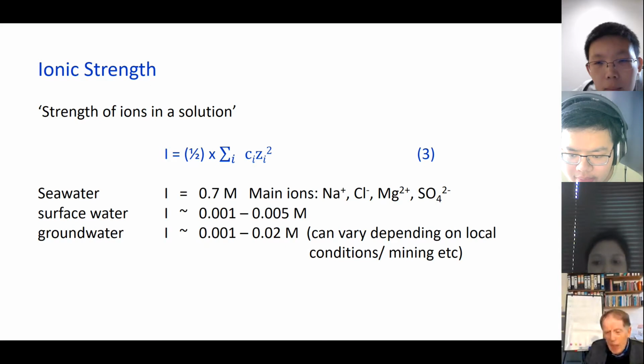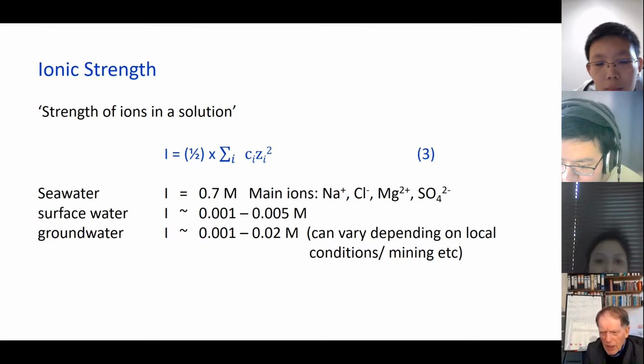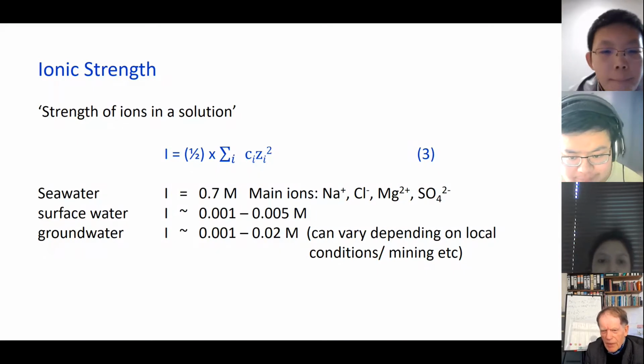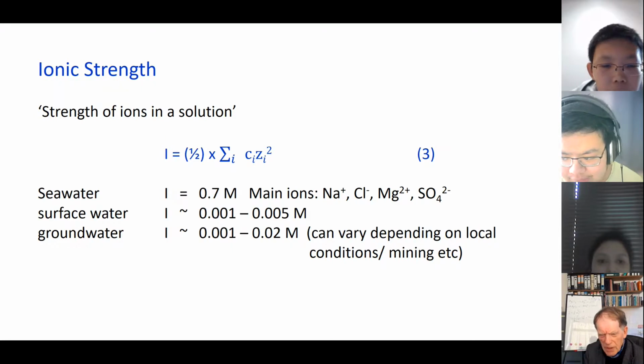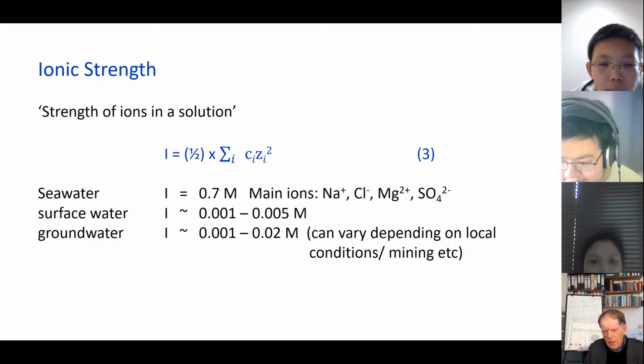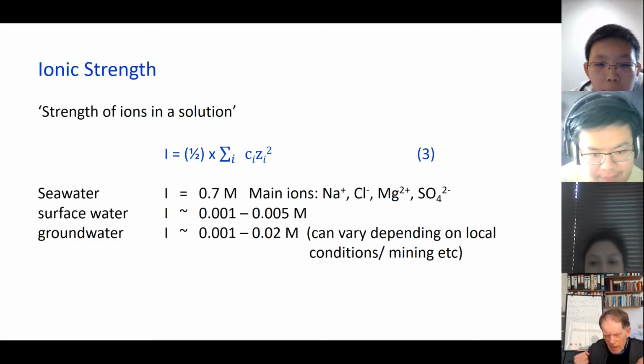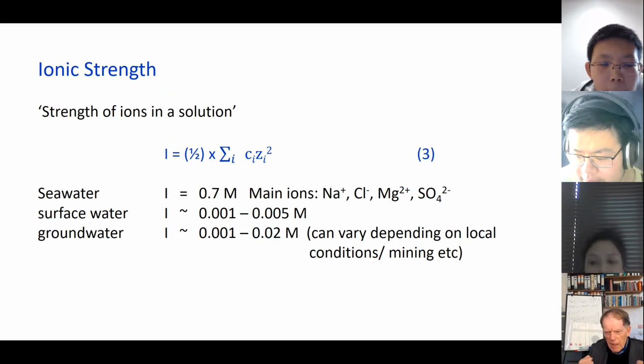That's a very important parameter. But also in terms of the macromolecular chemistry, protein, polysaccharide, nucleic acid chemistry, the properties of molecules in solution are affected by the ionic environment, especially if you're dealing with charged molecules like proteins, many polysaccharides and nucleic acids.